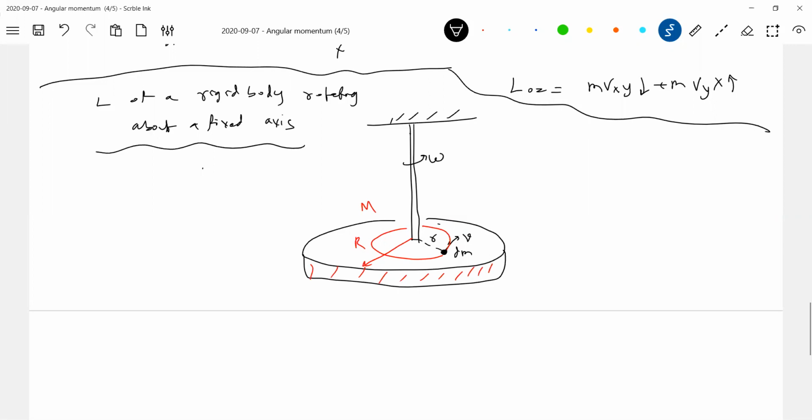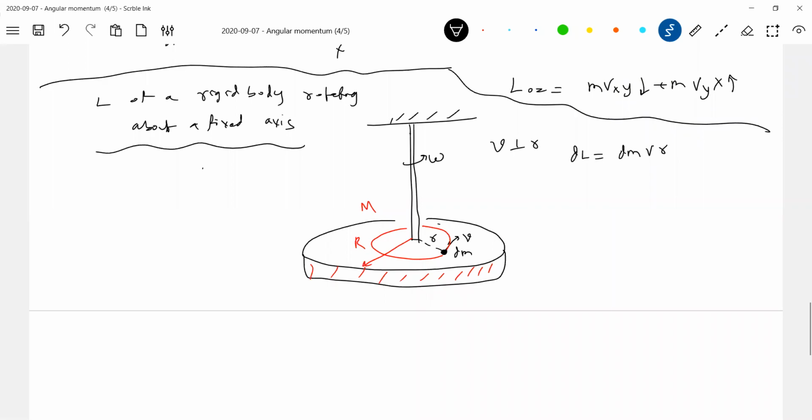What is the mass of that? dm. V will be perpendicular to r. So what is the angular momentum of this small particle? dL is equal to dm into v into r. And what will be the angular velocity of all particles on this rotating disk? Will be omega. Different particles will have different linear velocity, but all must have the same angular velocity.